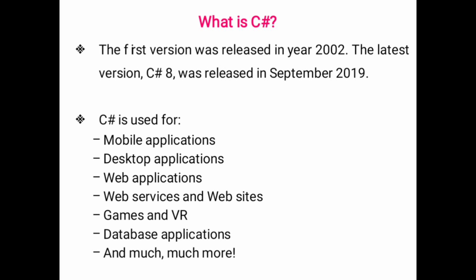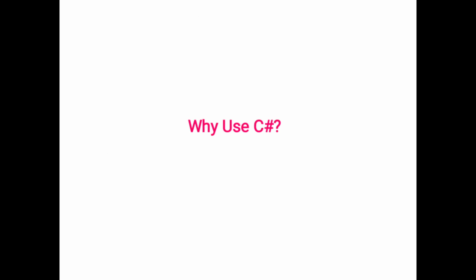The first version was released in the year 2002. The latest version, C# 8, was released in September 2019. C# is used for mobile applications, desktop applications, web services and websites, games and VR, database applications and much more.